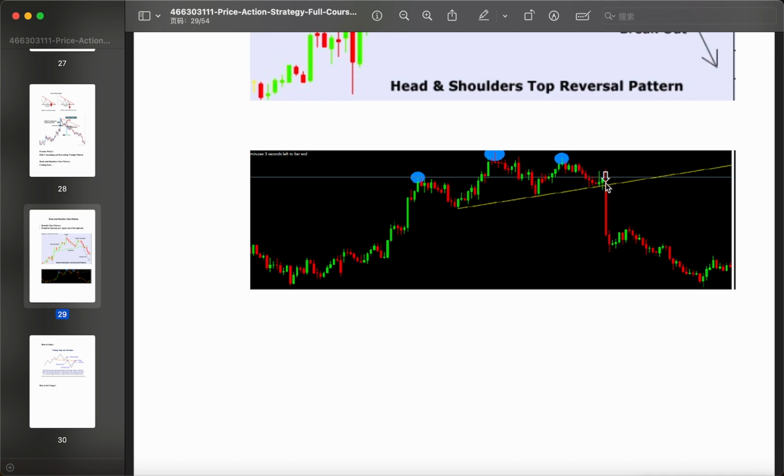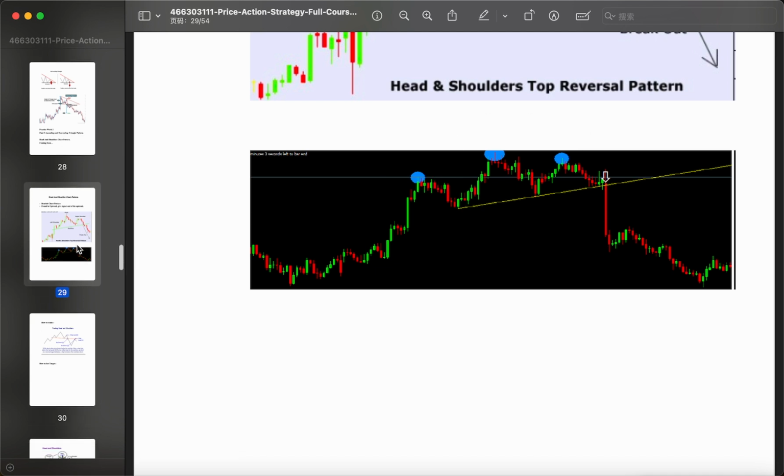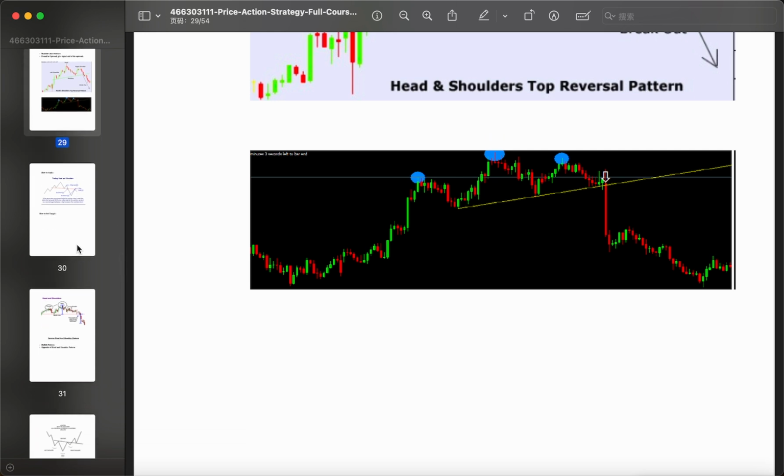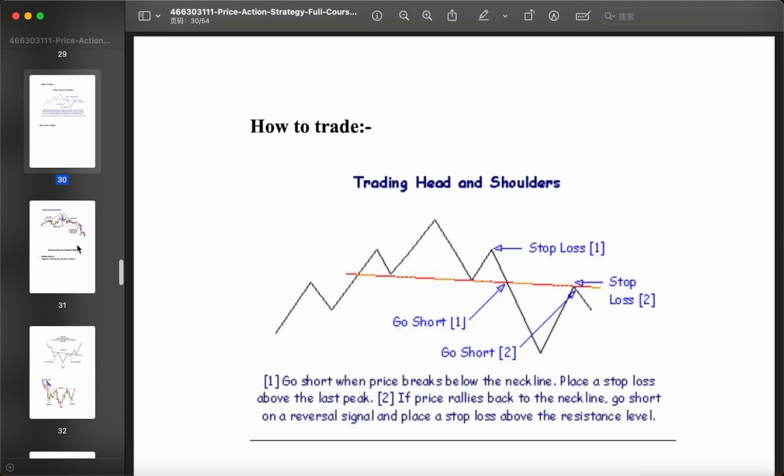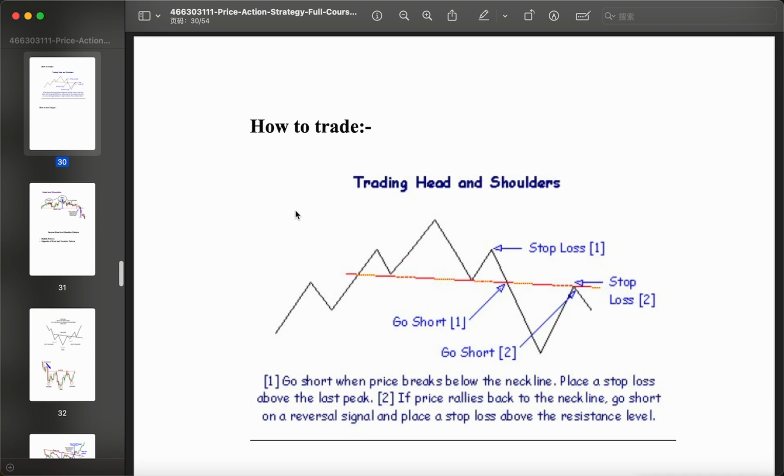So you see the price hitting below that neckline. That's why a head and shoulders pattern, most of the time, could be a great sign identifying a reversal pattern.